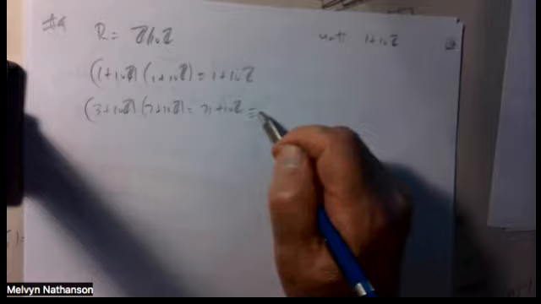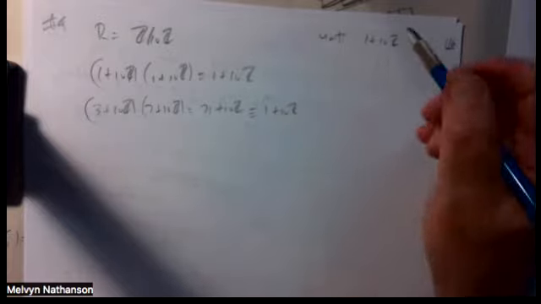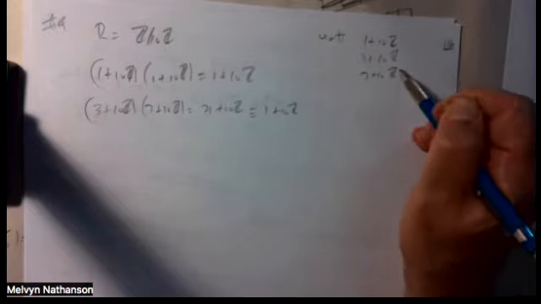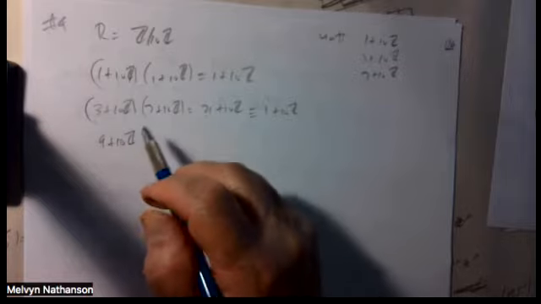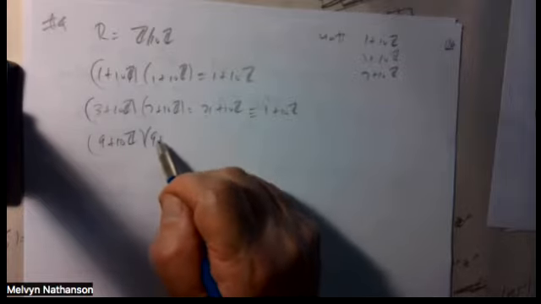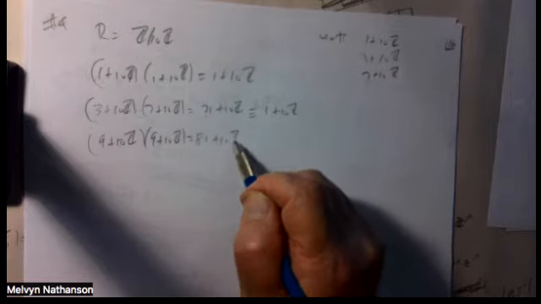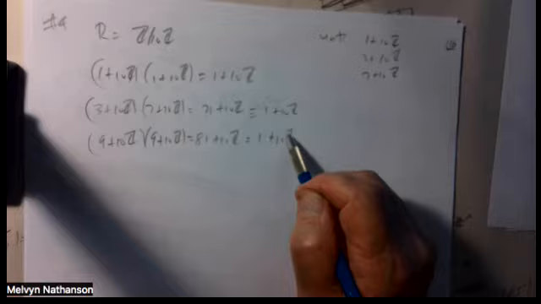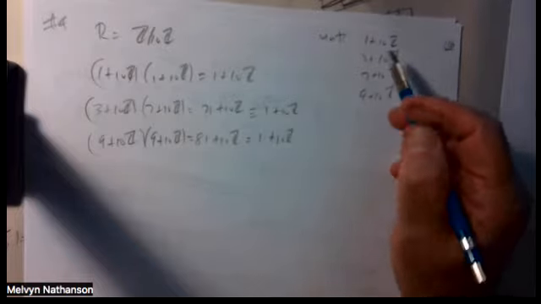And 21 is congruent to 1 mod 10, so 1 plus 10Z. So 3 plus 10Z and 7 plus 10Z are units. 9 plus 10Z times 9 plus 10Z is 81 plus 10Z, which is the same coset, the congruence class 1 plus 10Z. So 9 plus 10Z is a unit.